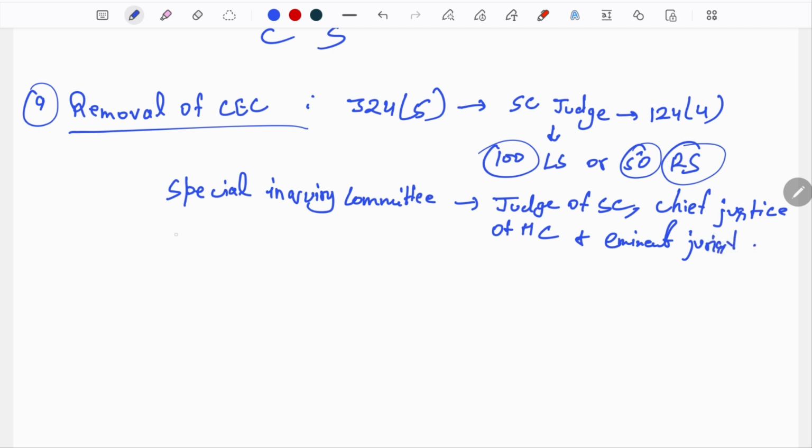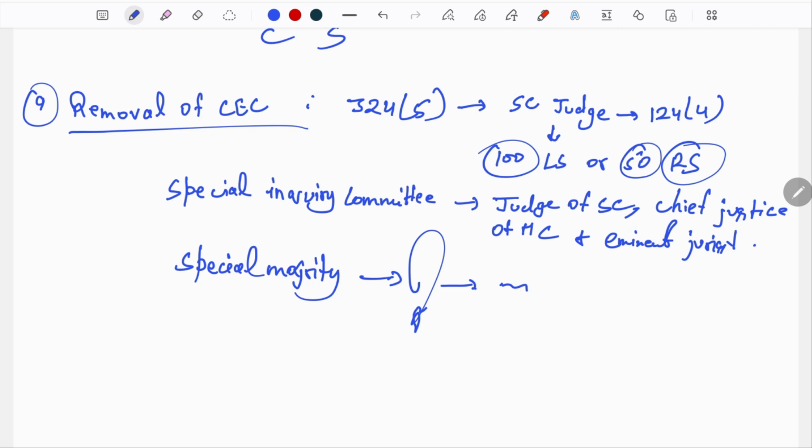Thereafter, the resolution has to be passed by a special majority by both the houses, and if the resolution passes, then the President gives assent to it, and the judge will be removed from his office.